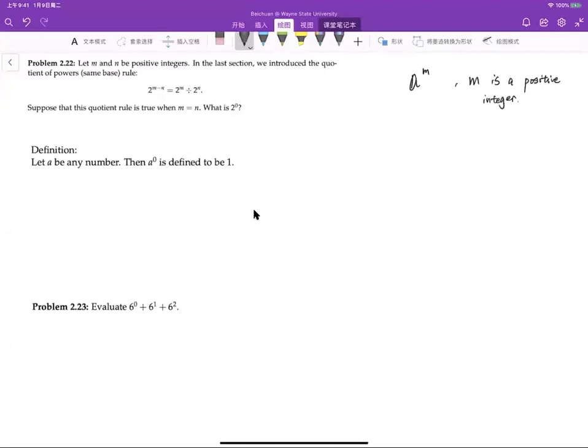And so the definition is natural. It's just another way to express the product of the same numbers, and here the exponent m is the number of times.